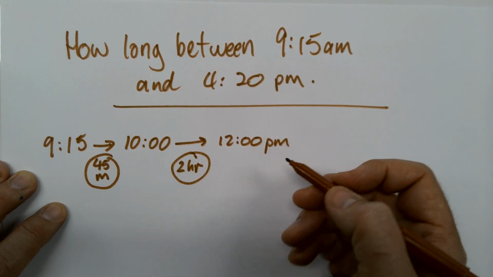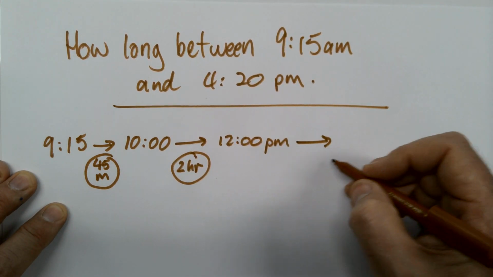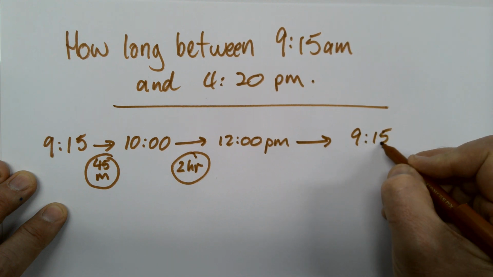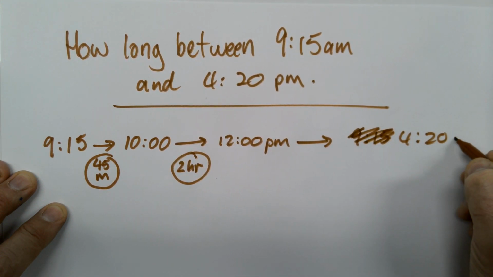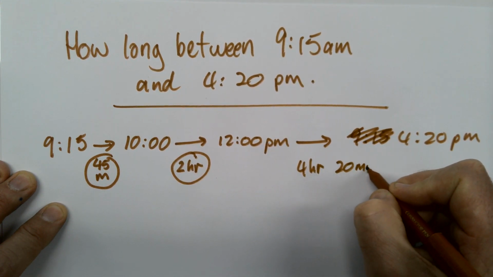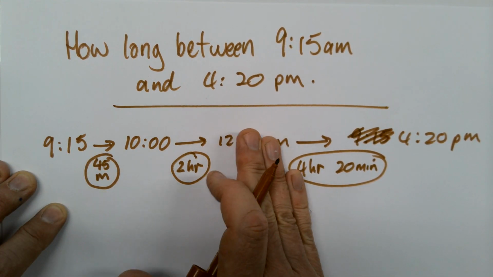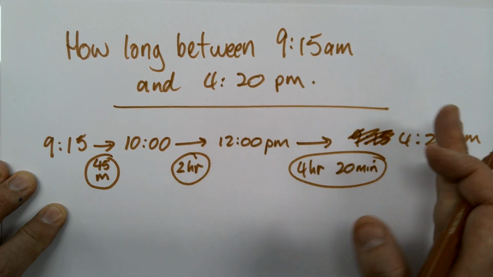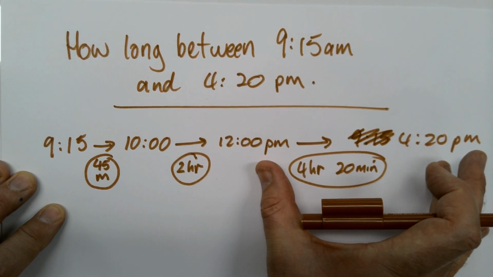Okay, midday then to 4:20. That's 4 hours, 20 minutes after midday. Taking it up to midday makes life so much easier, because then it's real easy to figure out how many hours and minutes that is in the afternoon.